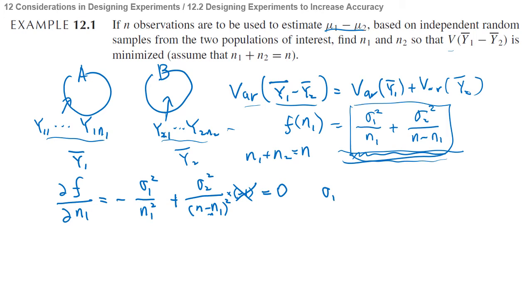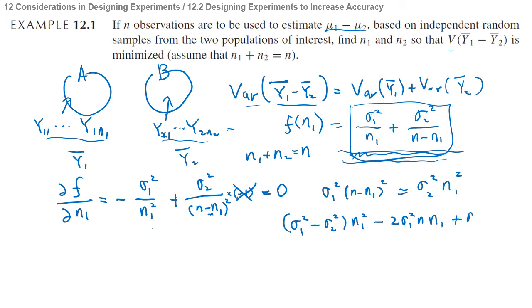Okay, so sigma 1 squared times (n minus n1) squared, moving this to the other side, is equal to sigma 2 squared times n1 squared. Expanding, this becomes sigma 1 squared n squared minus 2 sigma 1 squared n n1 plus sigma 1 squared n1 squared minus sigma 2 squared n1 squared equals 0.